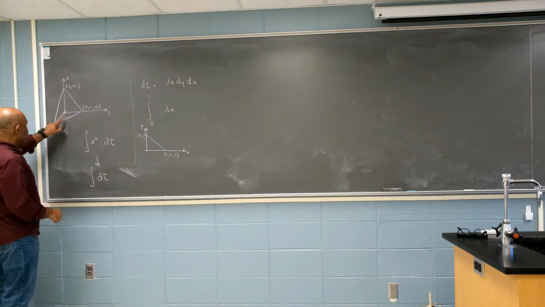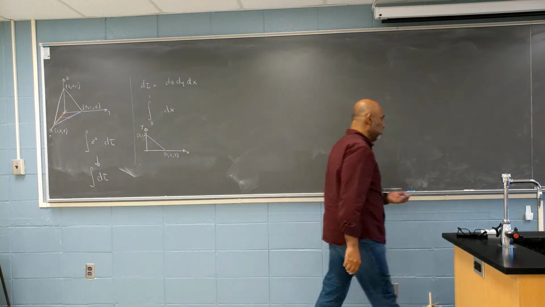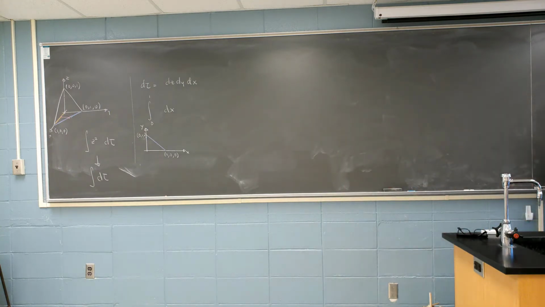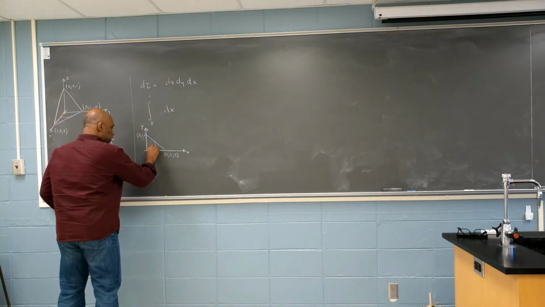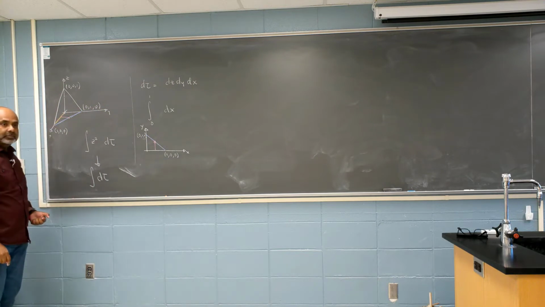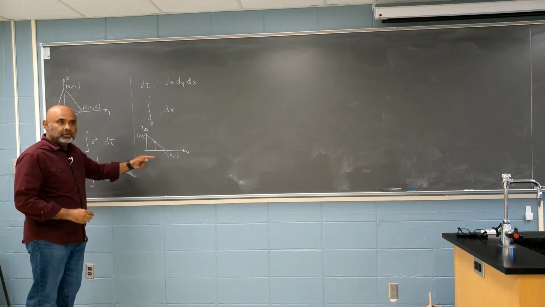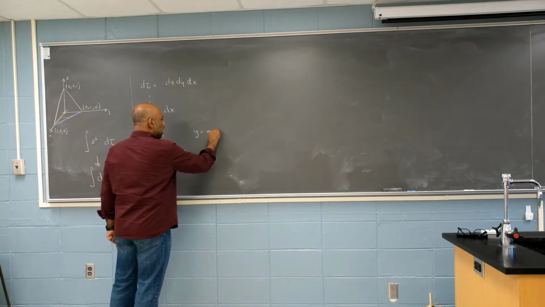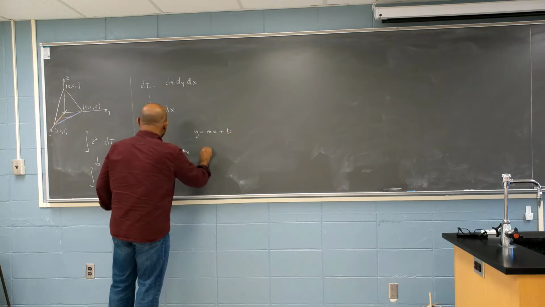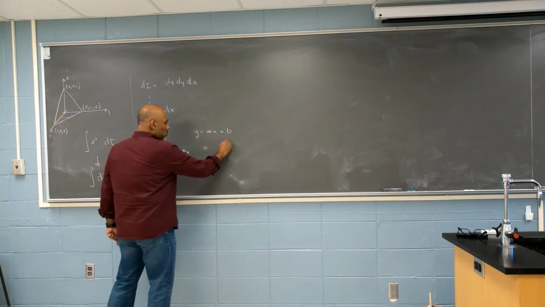And then this line that I have drawn here is simply, again being consistent with color, that line. Do you see that? Okay. Now this is a simple line. It's y equals mx plus b. What is the y-intercept? 1.